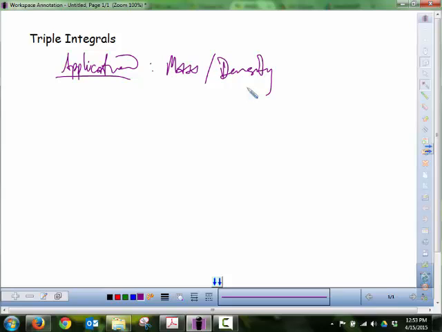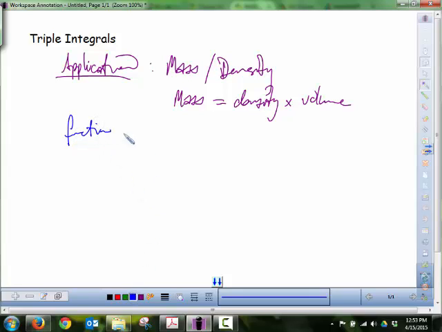Well, we can also now talk about density as a measurement of how dense a particular volume is. And we can say that a density function can be a function, was it rho or delta?